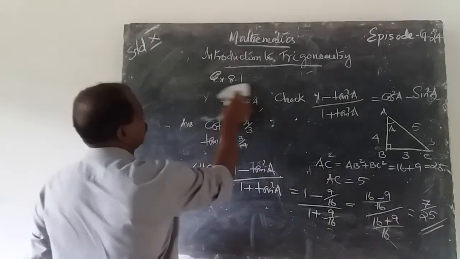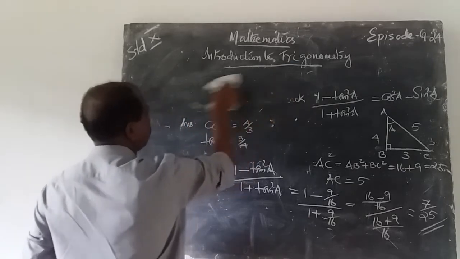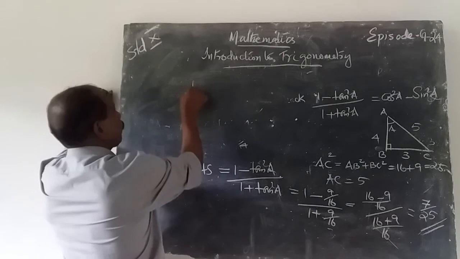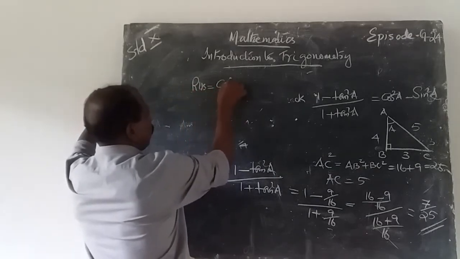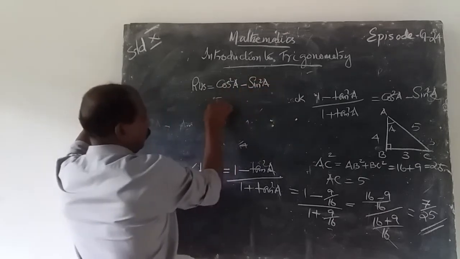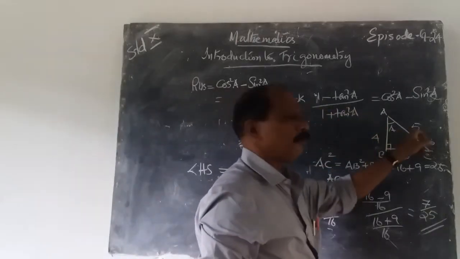Then what is RHS? Cos square A minus sin square A is equal to. What is cos A? 4 by 5.